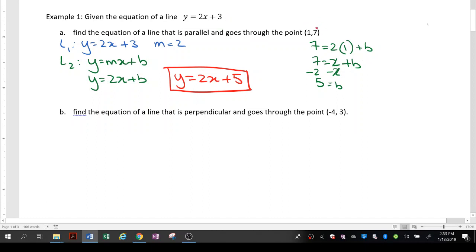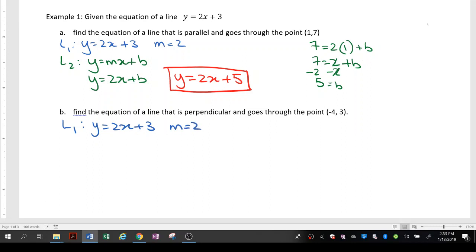Now we're going to do the same thing, but we're going to find a line that is perpendicular. So again, our first line is y equal to 2x plus 3, and our slope is 2.